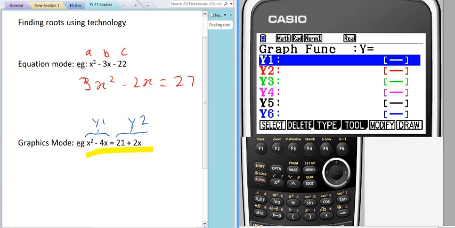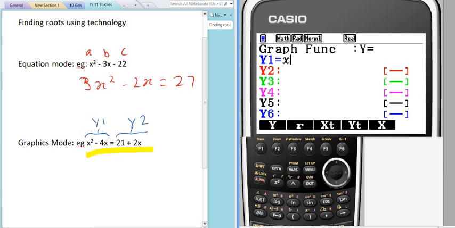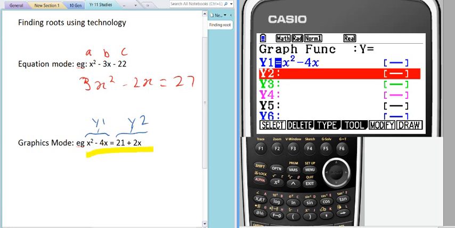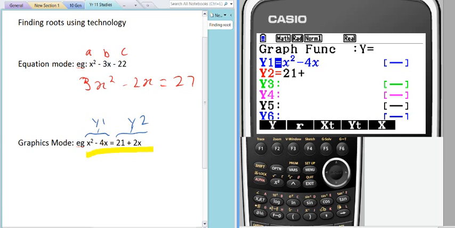So in our graph mode, we enter x to the power of 2 take 4x as y1, and then as y2, we go 21 plus 2x.